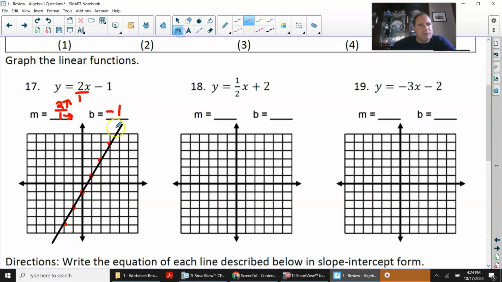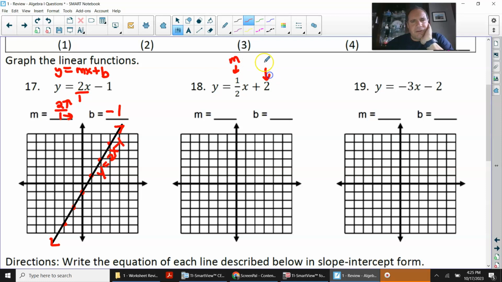Remember, slope is rise over run. You're going to put arrows on it, and you'll put the line equation, y equals 2x minus 1. So remember, every equation is y equals mx plus b. The b is -1, and the slope is 2. So this right here is your m.